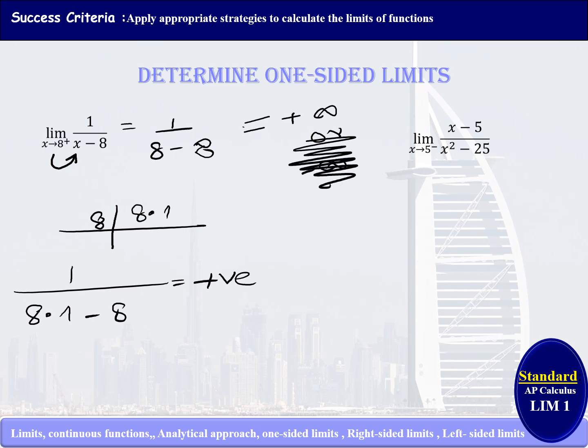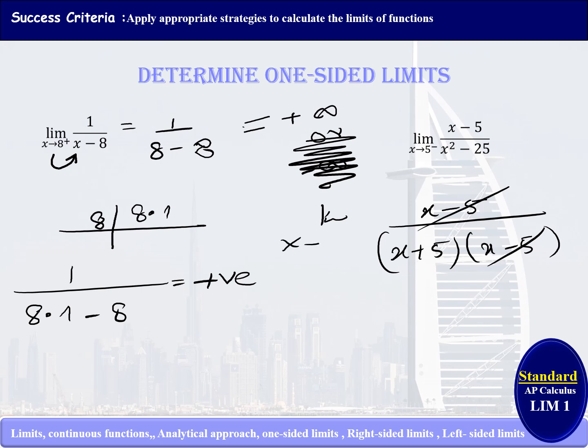Let's do this one. Here, first of all, solve it. So x minus 5 over, if you factor x plus 5 and x minus 5, you will get it. You will cancel out. Now, when you finish this part, replace.